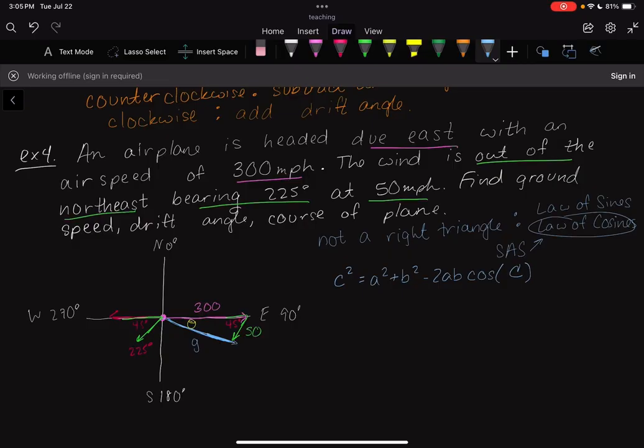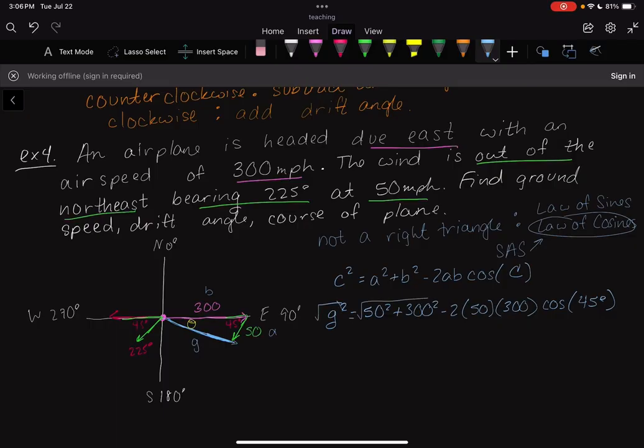I'll try to label a little bit better for this one. So this one will be my a and this one will be my b. So I'm going to plug it in to go and find g. So g squared is equal to 50 squared plus 300 squared minus 2 times 50 times 300 times cosine of the angle across from g, which is 45 degrees.